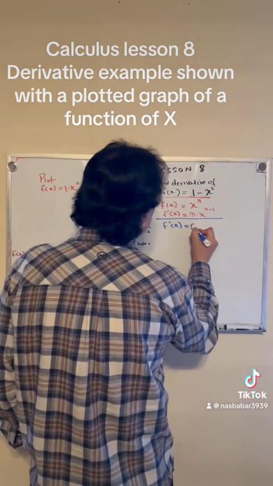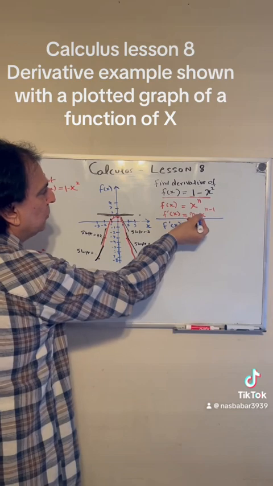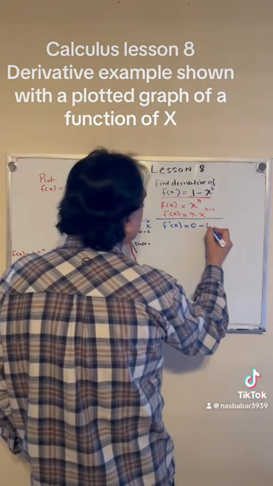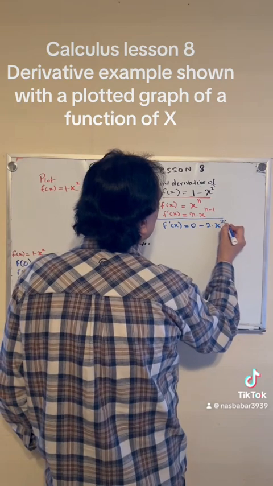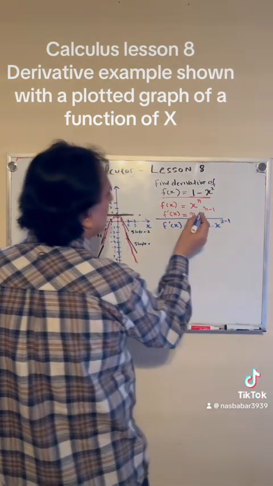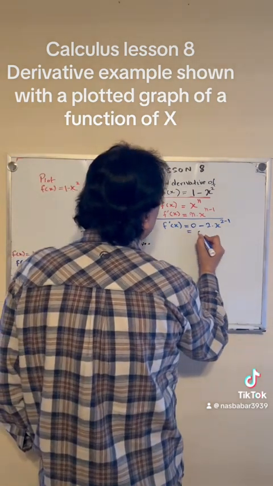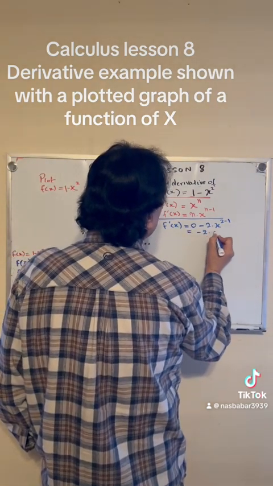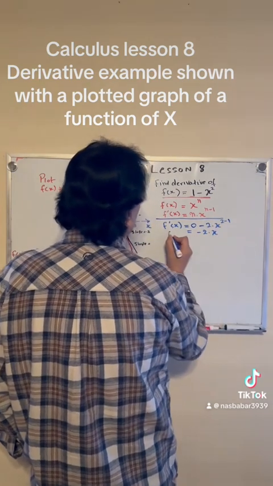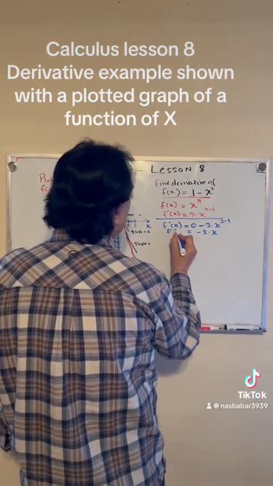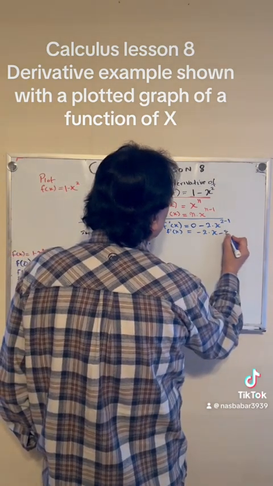So then you have 0 and then minus, I will apply this rule right here, bring 2 right here, times x raised to the power 2 minus 1. So then I get minus 2 times x, because 2 minus 1 is 1. So essentially f prime of x is minus 2x. And that is essentially my slope.